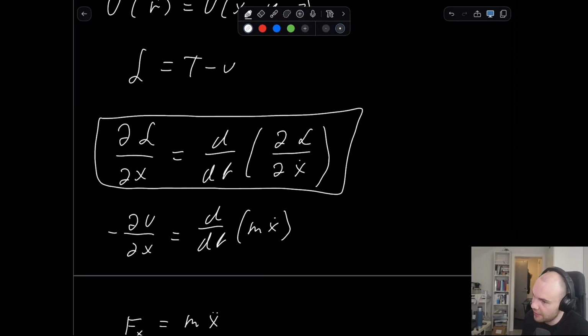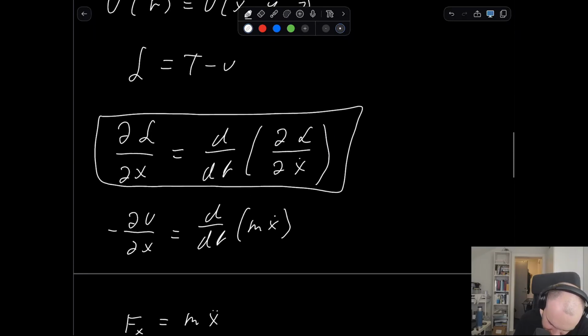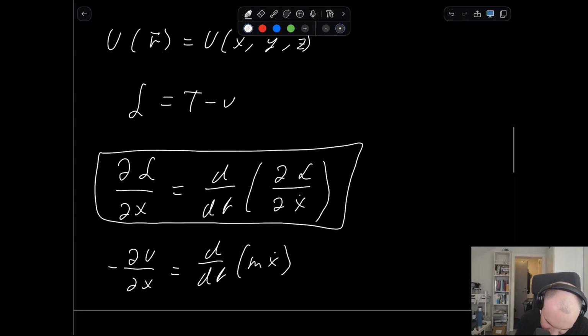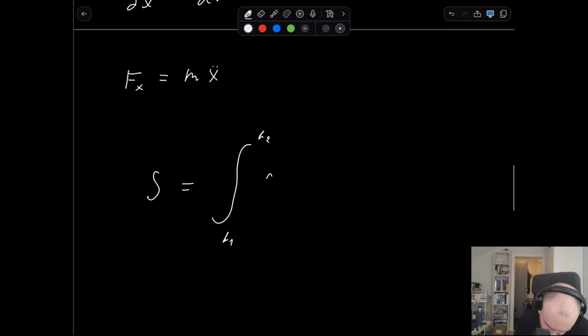And also, what is pretty interesting here is that you can see that this equation right here is the same equation that we had from calculus of variations, which means that the action integral S is equal to the integral from t1 to t2, and we got the same equation if we did the partial of the Lagrangian like we did the partial of the function from the calculus of variations, which means that the function is the Lagrangian, and now we have dt.